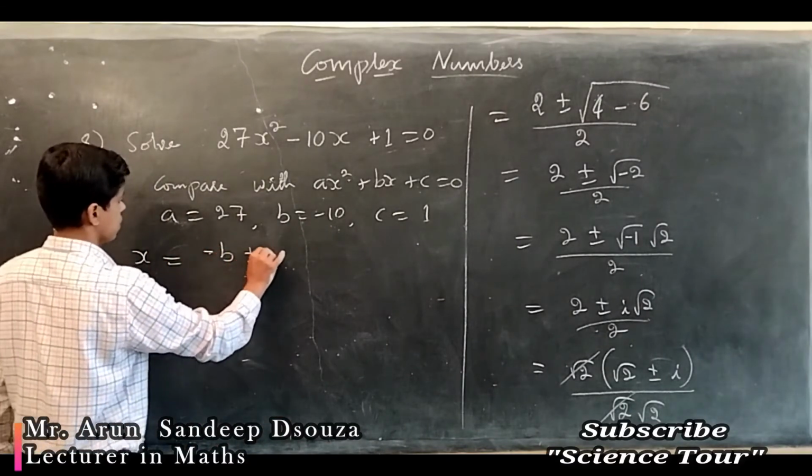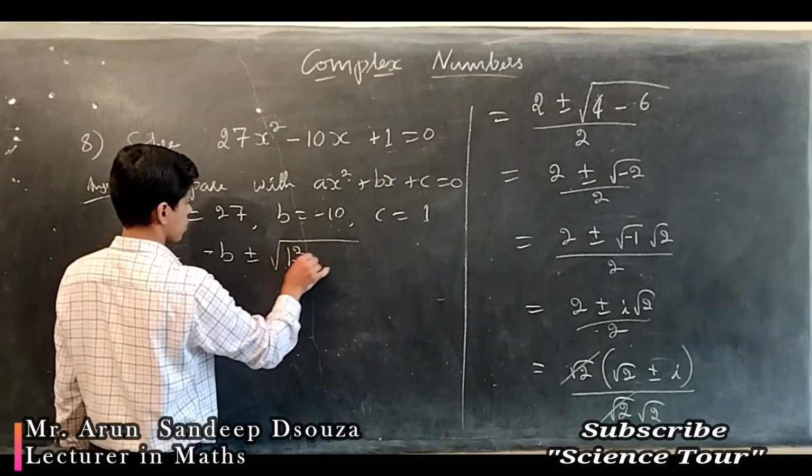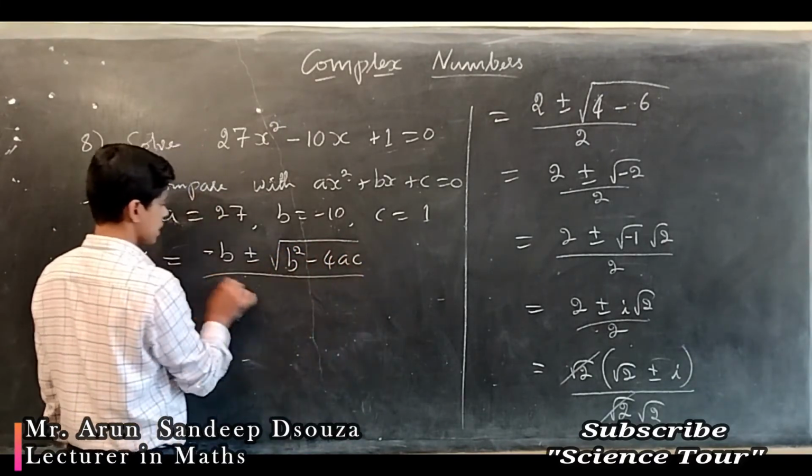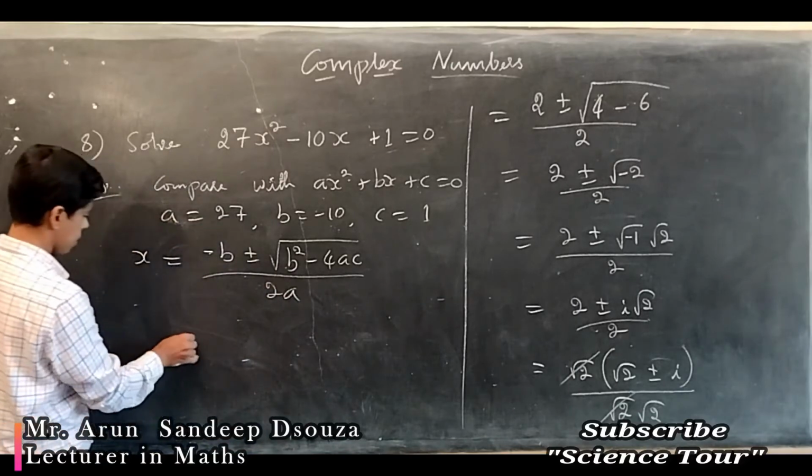Okay, now you write the formula. So minus b plus or minus square root of b square minus 4ac divided by 2a.